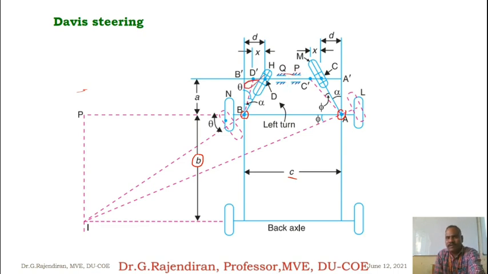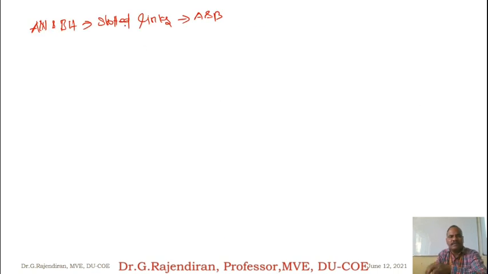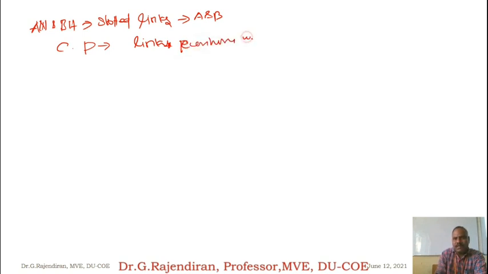So what is that one? CD is the slotted lever link center with the horizontal.